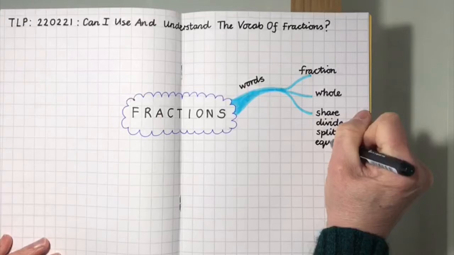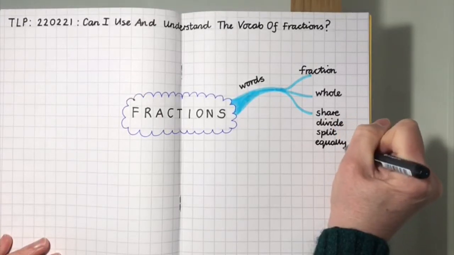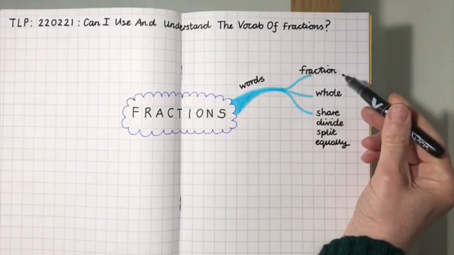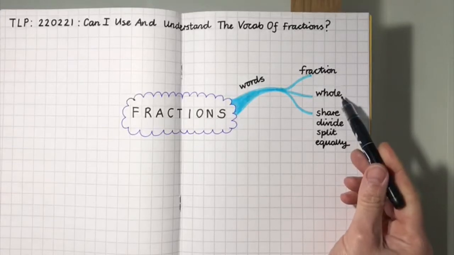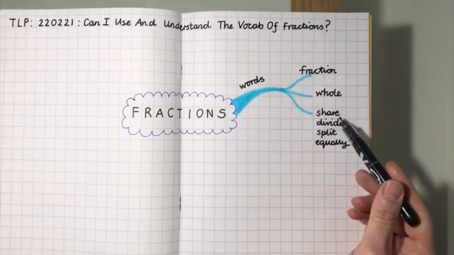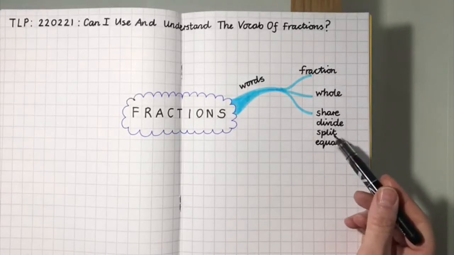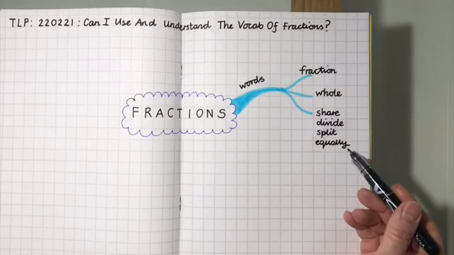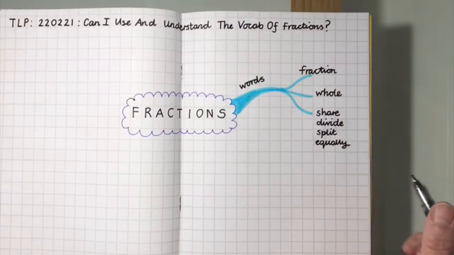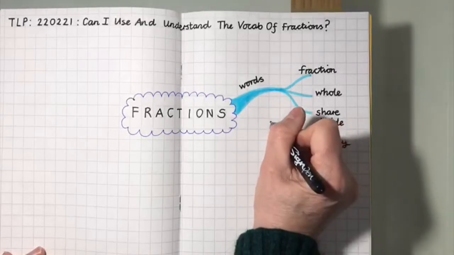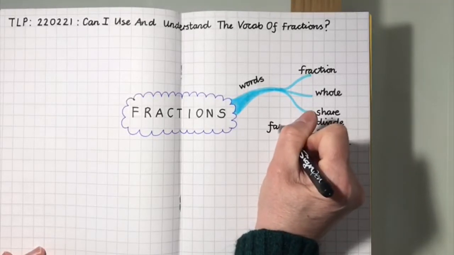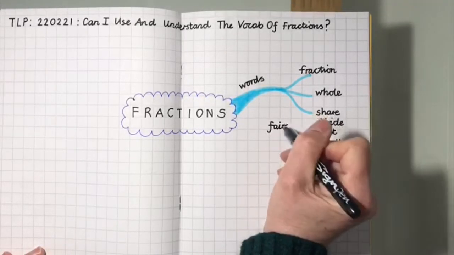This is really important. So in maths, a fraction is part of a whole that has been shared or divided or split into equal parts. So it's got to be fair, a fair share.